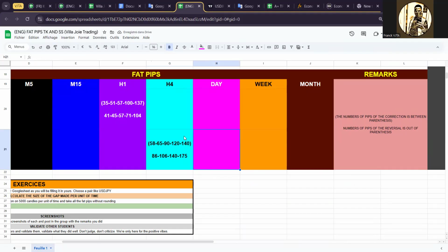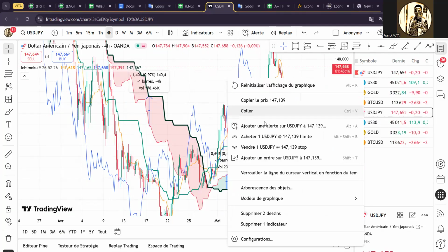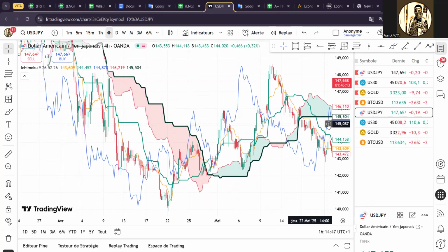The size of the cloud on correction is bigger than the size of the cloud in reversal. It just means that you should not think in terms of big or bigger or smaller.